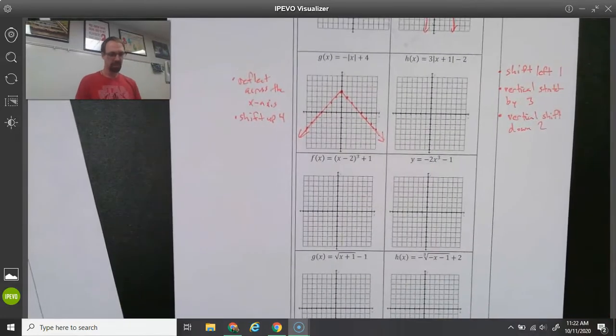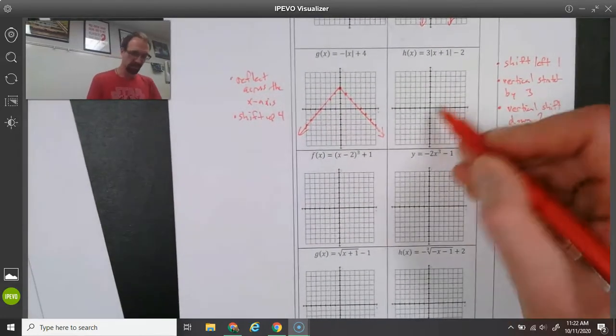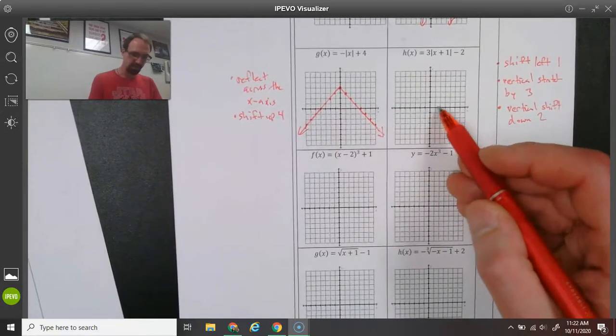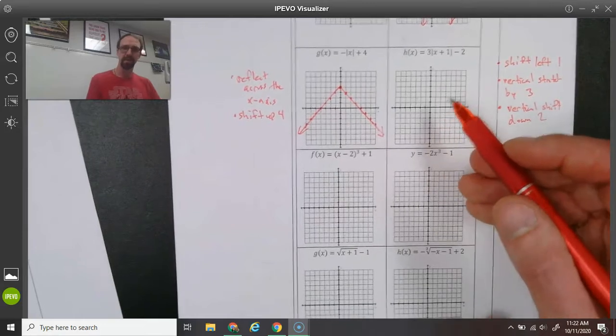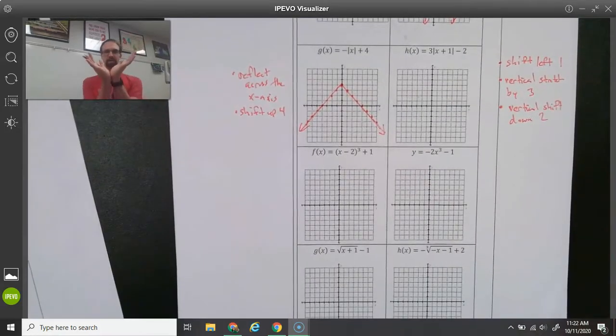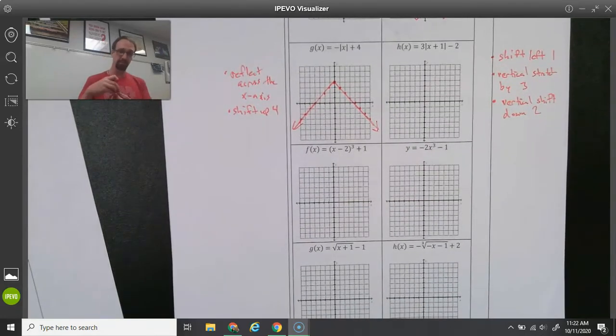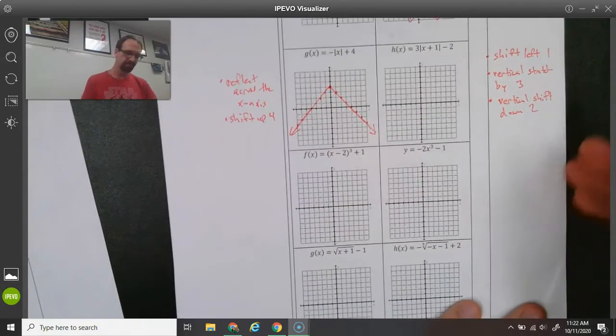My absolute value normally looks like this. If I shift left 1, and then a vertical stretch by 3 means I'm going to multiply that value by 3. So instead of more of a V shape, it's going to be a really tight V. Remember, a vertical stretch is the same as a horizontal compression.